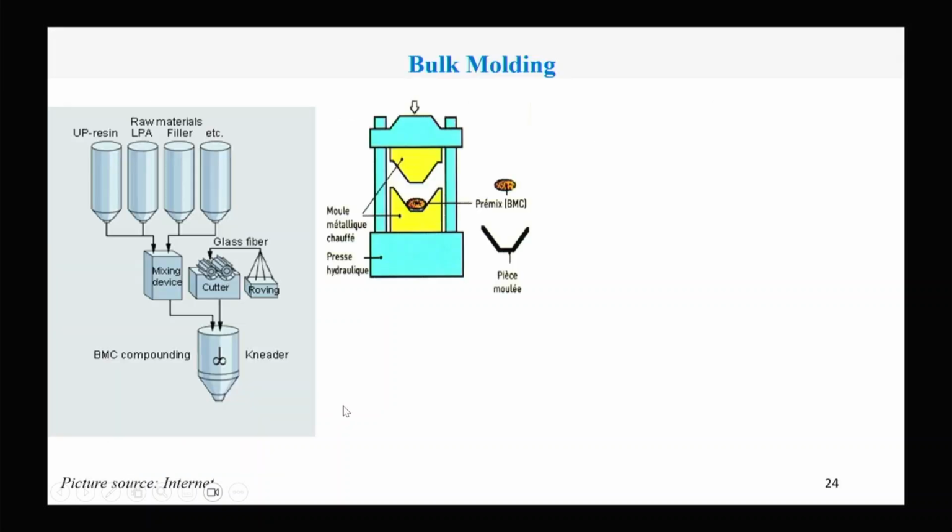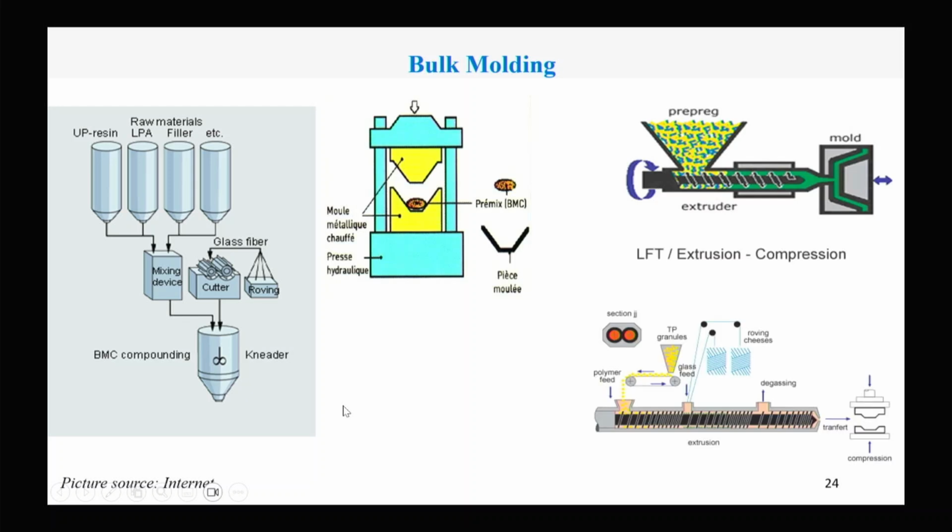And bulk molding, here this is the system. Here the prepreg is there, which is a mixture of matrix and reinforcement. Then it is extruded slowly to form, this is a mold, and it is pushed within the mold to form a composite.